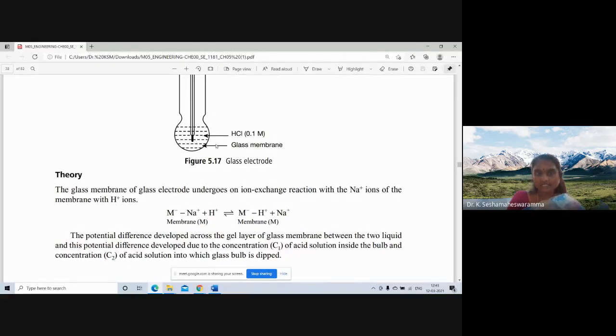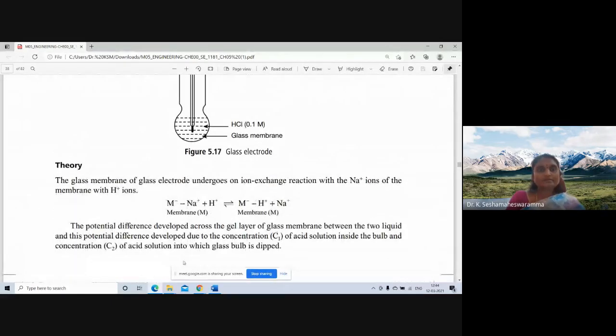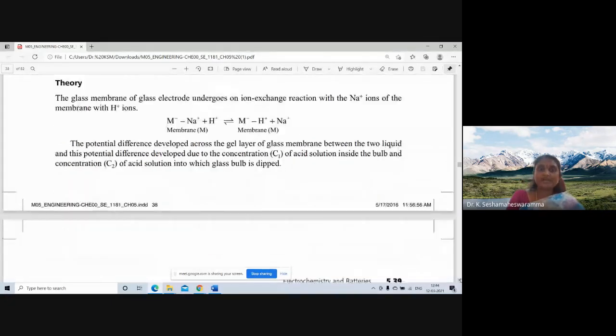H plus ions are exchanging, so a potential difference will be observed across the gel layer.